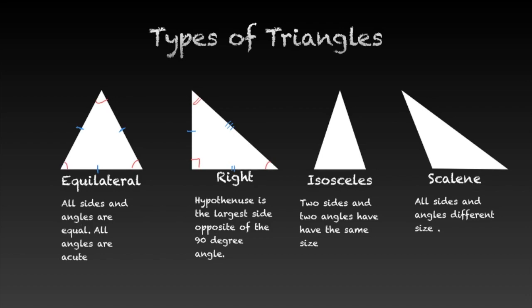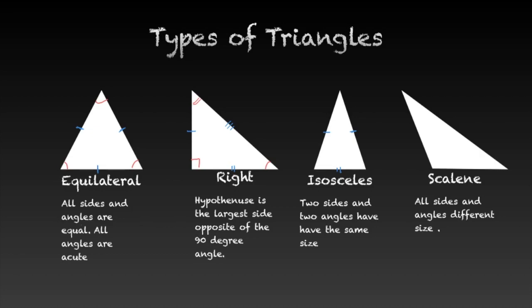Now when we're looking at isosceles triangles, you know that this side and this side are going to be exactly the same. They have the same measurement, and then the last one is going to be different, and this is going to be actually smaller. Sometimes it's going to be bigger.